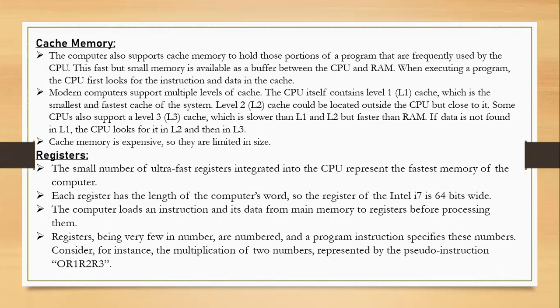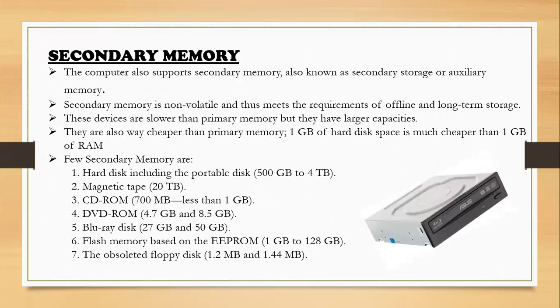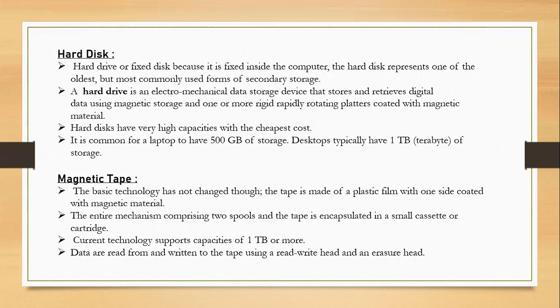General purpose registers are very few in number. They are used for storing intermediate results during the computation of your program. Secondary memory includes hard disk, magnetic tape, CD-ROM, DVD-ROM, Blu-ray disc, flash memory, and floppy disk.